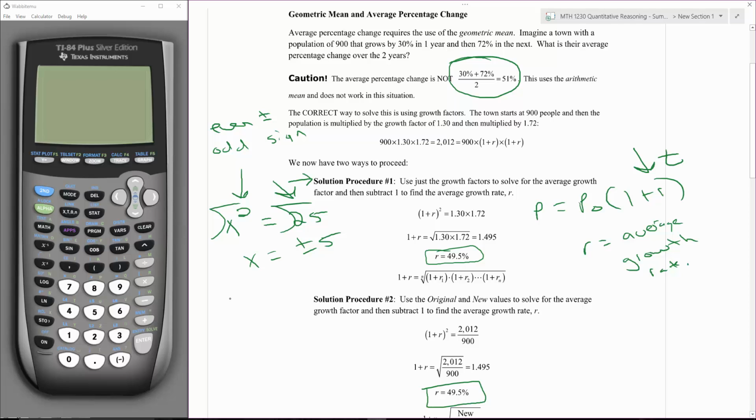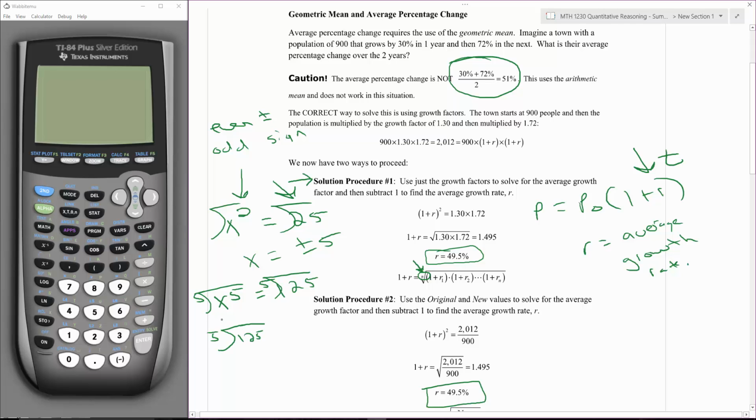If I have something like x to the fifth equals 125, to undo the fifth exponent, you take what's called the fifth root. This nth root signifies what exponent we're trying to undo. So the fifth root of 125.